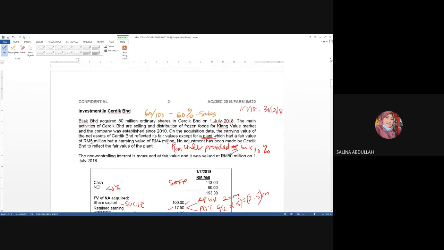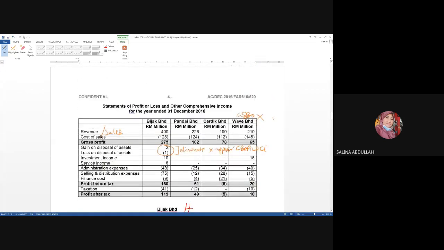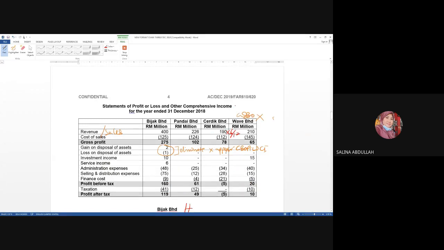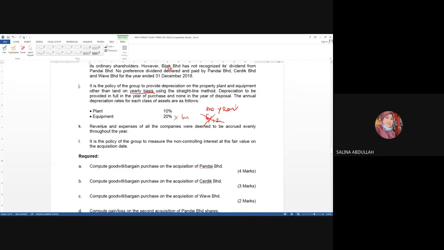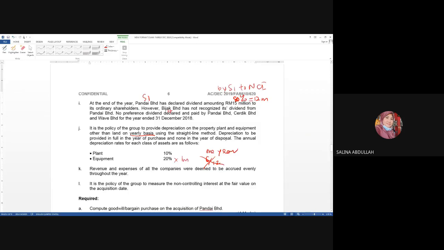Remember Cerdik Holding acquired Cerdik on 1st July 2018. So we have acquisition of subsidiary during the year where all the amount in consolidated SOPL-OCI for this subsidiary, you have to multiply with 6/12 because it was acquired during the year. However, for depreciation, because depreciation policy is yearly basis, you don't have to multiply with 6/12. That's the difference.